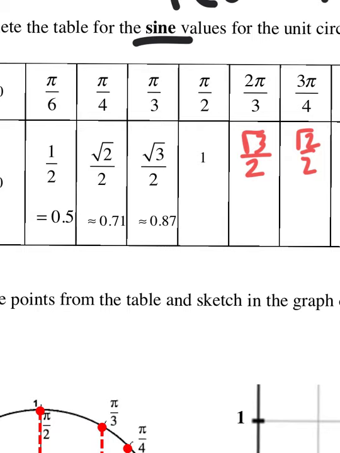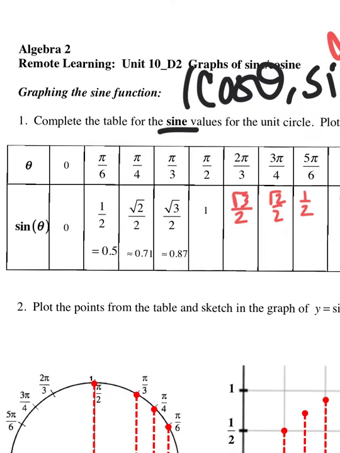Alright, once you have that filled out, now underneath it, I'm going to ask you to write down the different decimal approximations, and I actually already typed it into the calculator for you. So, as you can see, 1/2 is the same as 0.5, root 2 over 2 is about 0.71, root 3 over 2 is 0.87, and then if I continue, 1 is 1, root 3 over 2, I already did that for you right there.